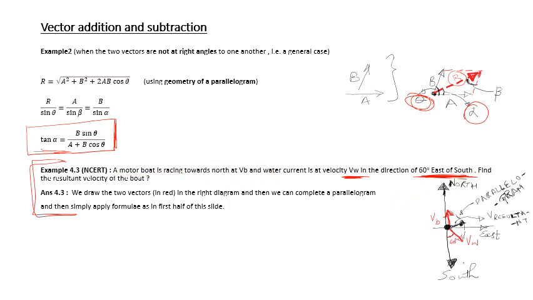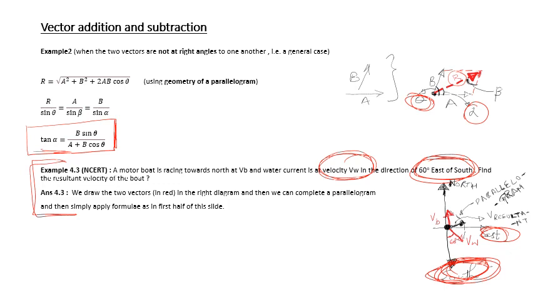Then the next item in the question is 60 degrees east of north, you have the water velocity. East of north. So here you see, east of south, I'm sorry, east of south, and this is east, this is south. So east of south is this direction, and 60 degrees is shown here. So let me make it clear now.